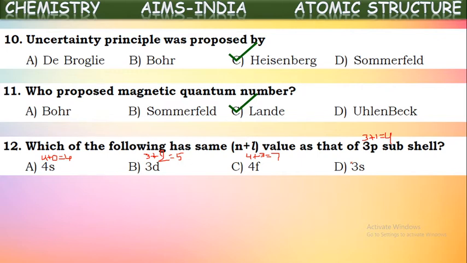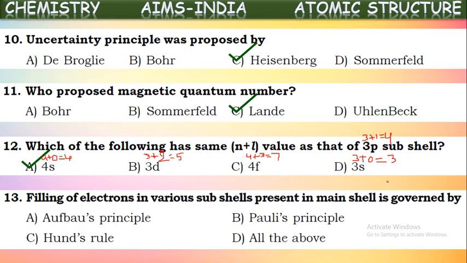And for 3s, n value is 3 and l value is 0 as it is an s subshell. So the total becomes 3. Which of these has the same n plus l value as 3p? That is the 4s subshell. So these two subshells, 3p and 4s, have the same n plus l value.